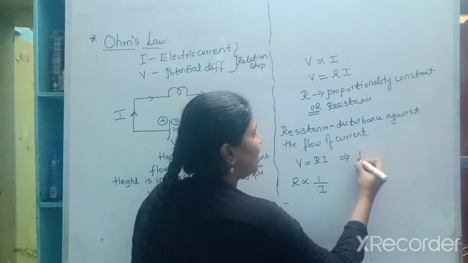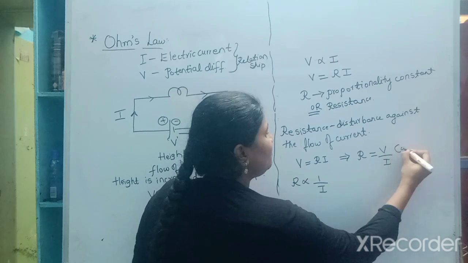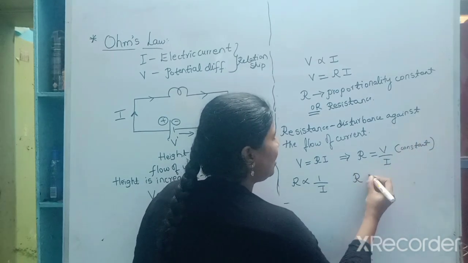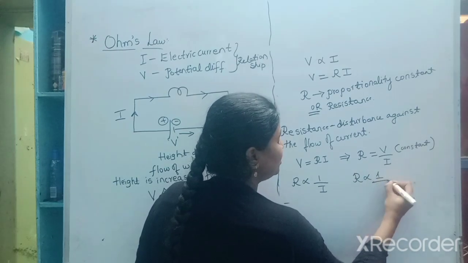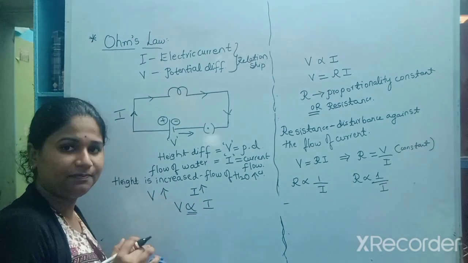If you solve, R is equal to V by I. When we consider V as a certain constant, we can say that R is inversely proportional to the current.